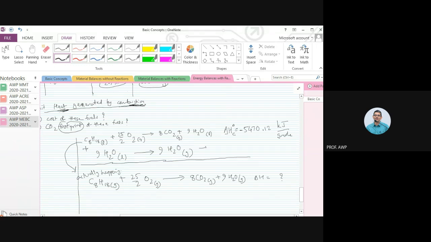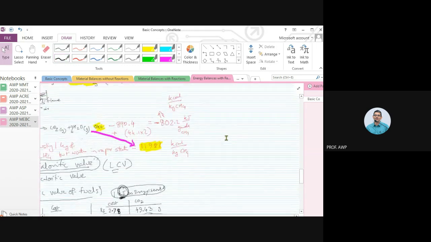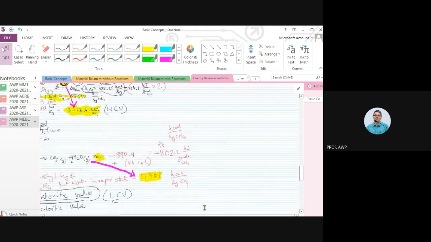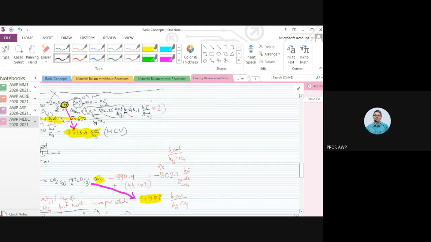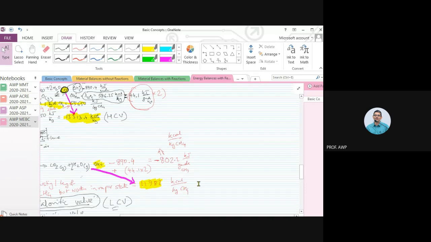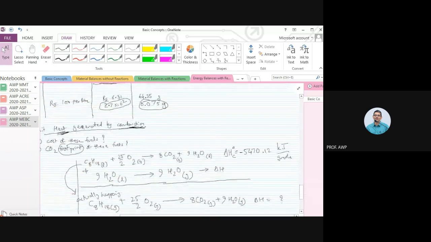And for this particular reaction, delta H we already know, we got that last time: 44.1 kilojoule per gram mole of water. Recall our last lecture. If you don't recall, look at the recording.